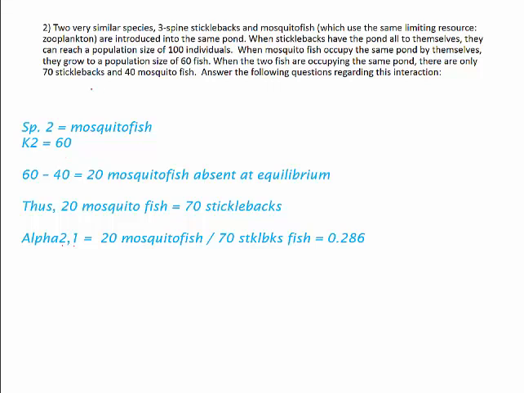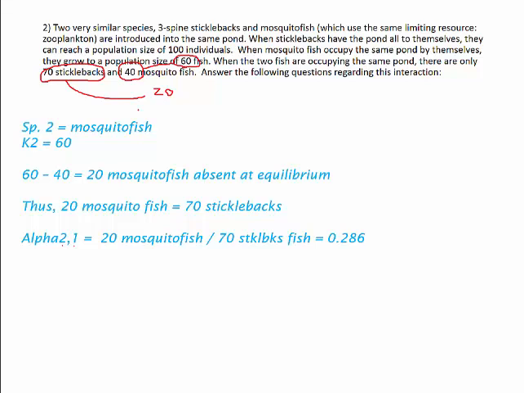So we need to figure out what the competitive impact of the sticklebacks is on the mosquito fish now, right? So that's the alpha 2-1. And we know that when the mosquito fish are living by themselves, there can be 60 of them, and that's the carrying capacity. But when they're living with the sticklebacks, there's only going to be 40 mosquito fish. And the difference between there is 20. That means that 20 mosquito fish, the resources to support them, are instead supporting 70 stickleback, okay?